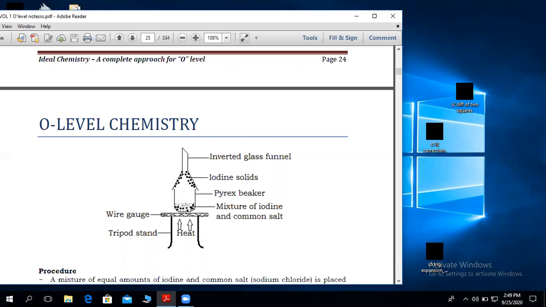But sand which does not sublime remains in the beaker. So iodine will be collected on top here.